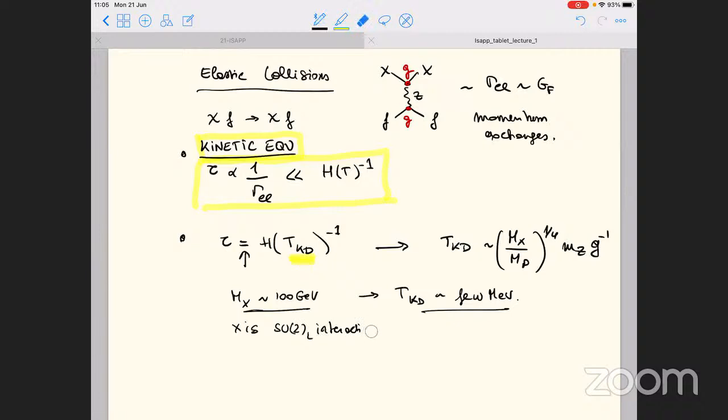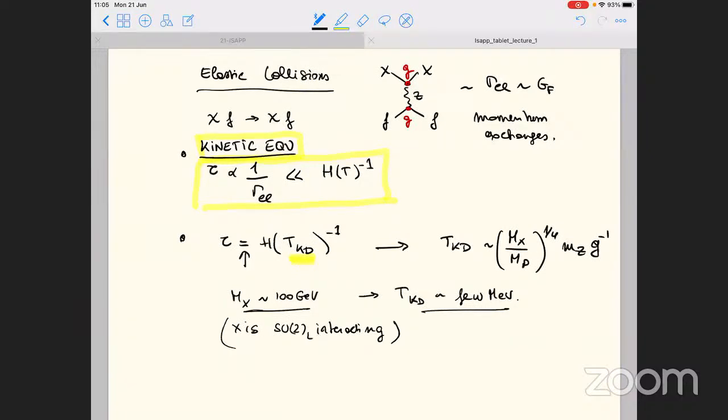Remember that my assumption here is that my chi particle is interacting under SU2 gauge interaction. Again, we will compare this temperature of kinetic decoupling to the temperature at which the particle is expected to decouple chemically, and actually we will see that this temperature is very low.